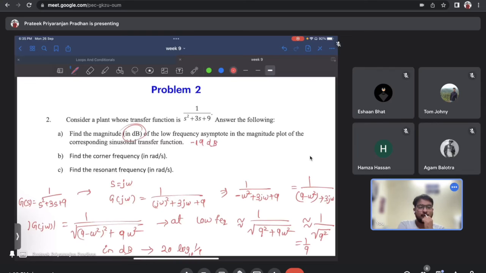So when something becomes maximum or minimum, there is a condition you have gone through in your 12th: if f of x is some function, at its maximum its derivative is 0.